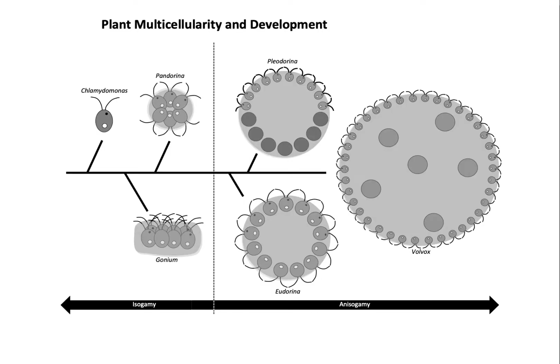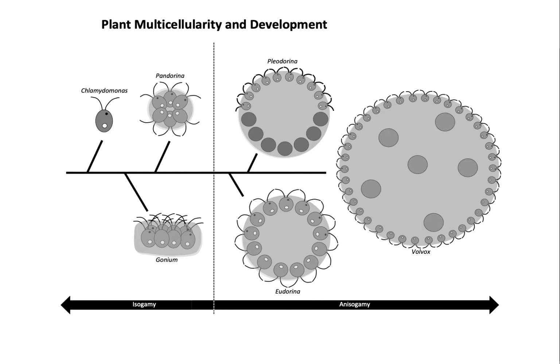Also in plants, there are two things called isogamy and anisogamy. With the very simple plants, even the multicellular plants, all of the cells look pretty much the same. That's isogamy. So even the gametes, there's no differentiation between essentially male and female, but they're just called plus and minus sexes.